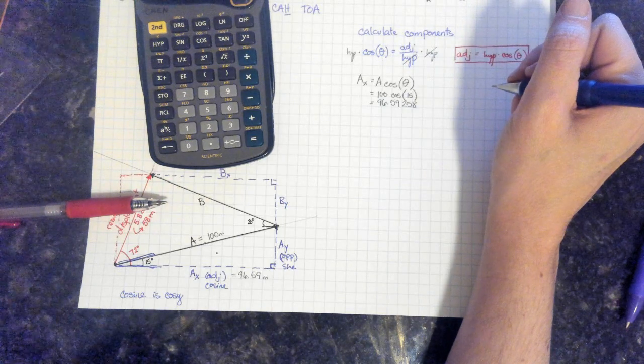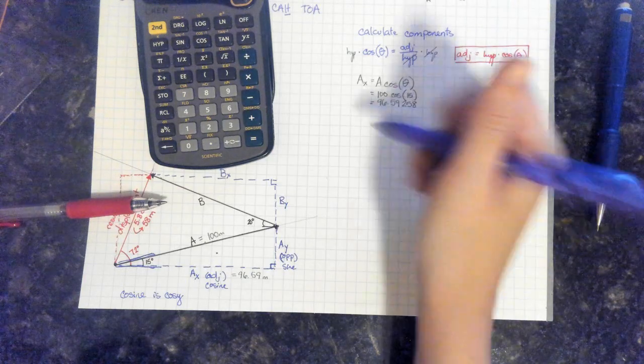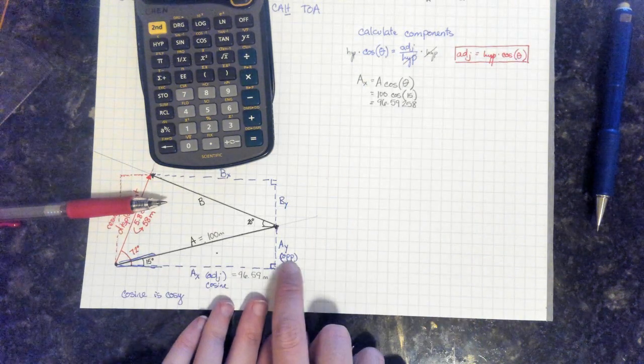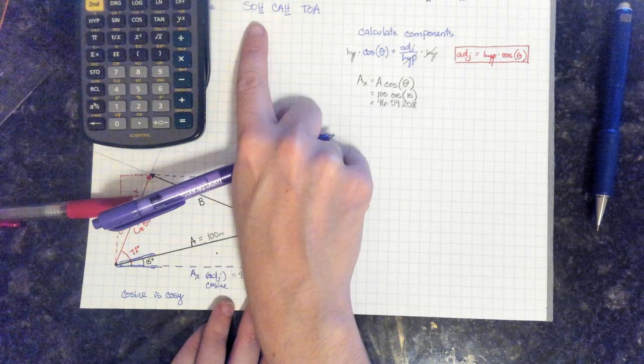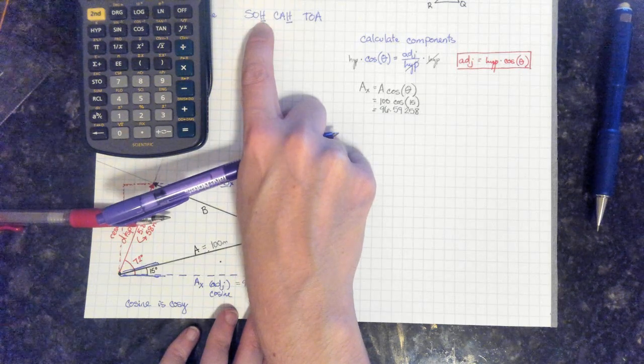And then we need to do AY. This is the opposite side, so we need to use sine in order to calculate it. Sine uses the opposite side and the hypotenuse.